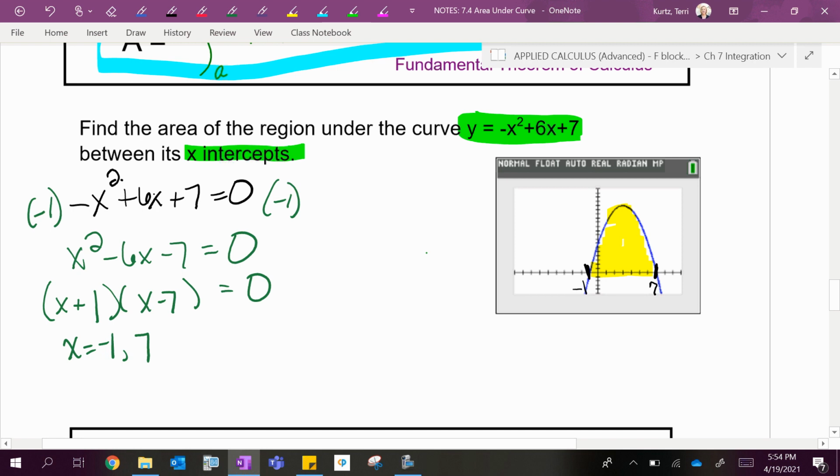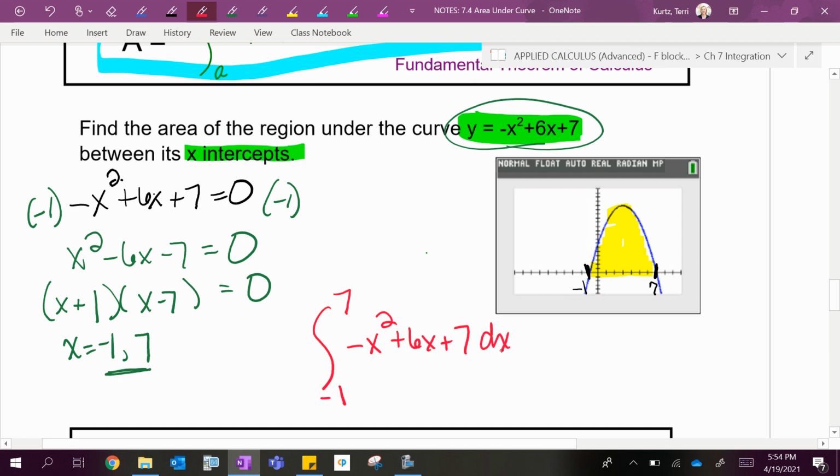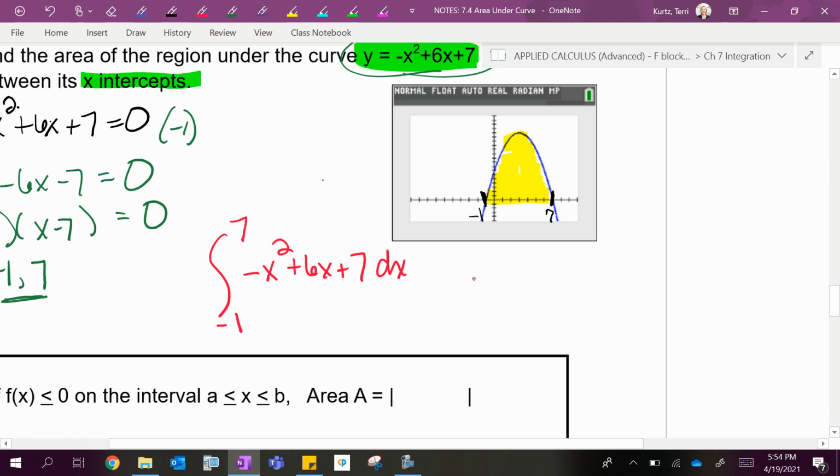So to find the area under the curve of this parabola between its x-intercepts of -1 and 7, I simply take the definite integral from -1 to 7 of -x squared plus 6x plus 7. Okay, so continuing to do that, I add 1, I get 3, I divide by 3, so I get -x to the third over 3.